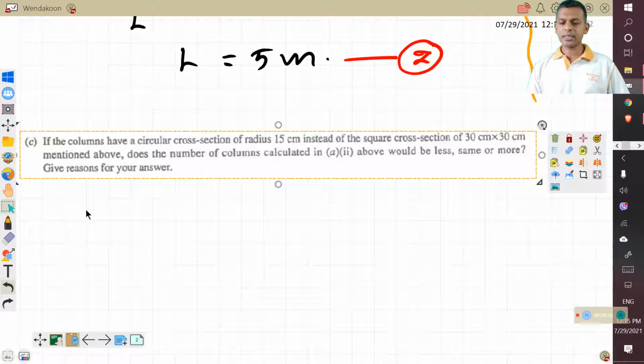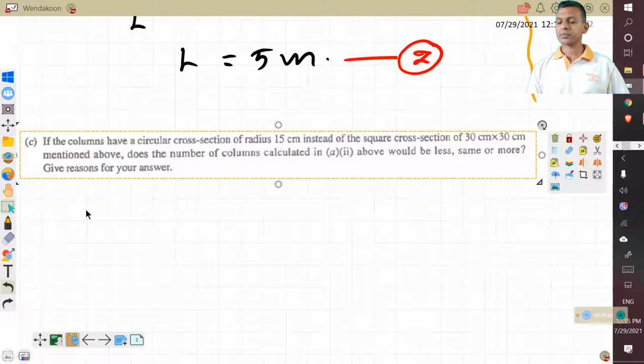Then the last part: if the columns have a circular cross section of radius 15 centimeters instead of the square cross section 30 by 30 centimeters mentioned above, would the number of columns calculated in A2 above be less, same or more? Give a reason for your answer.